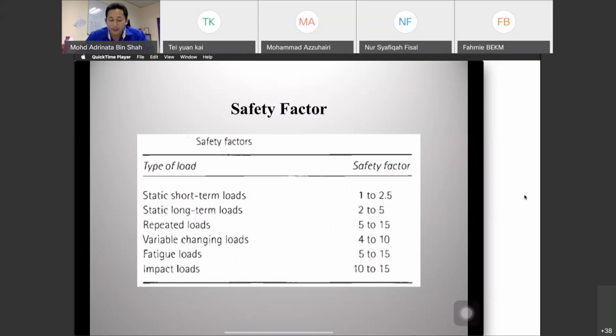So for the safety factor, in the earlier example, the load applied is 85 megapascal. The material can allow stress up to 170 megapascal. Let's say allowable stress. So the safety factor is equal to allowable divided by load given.